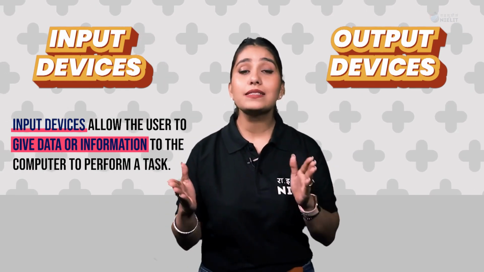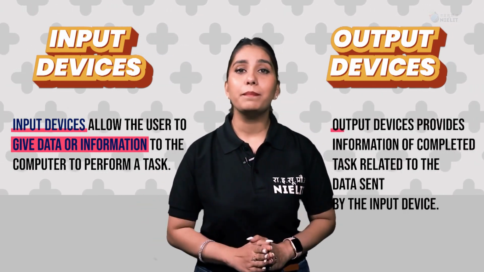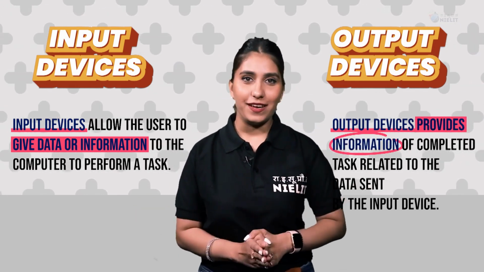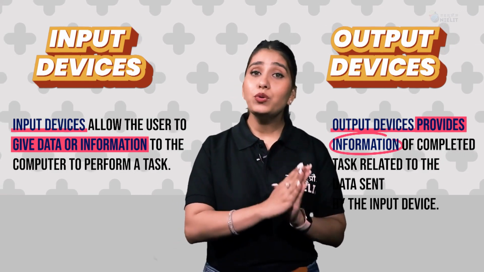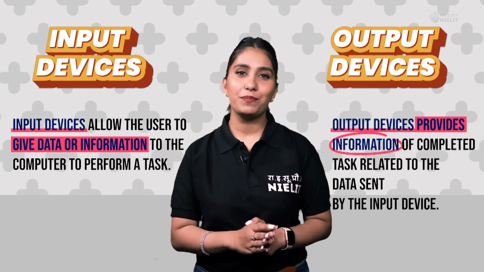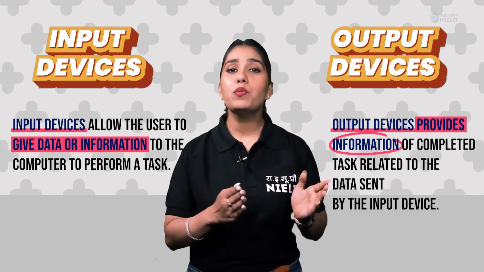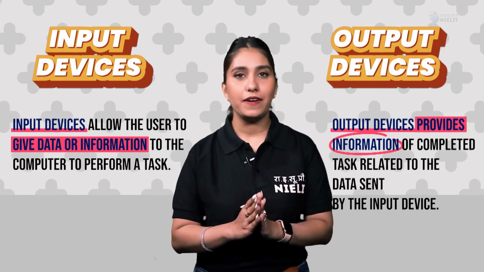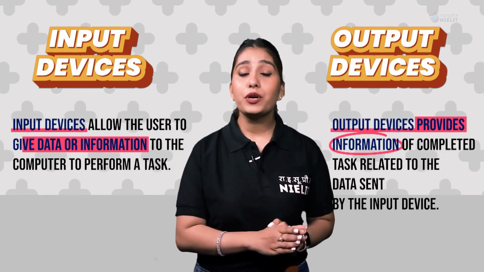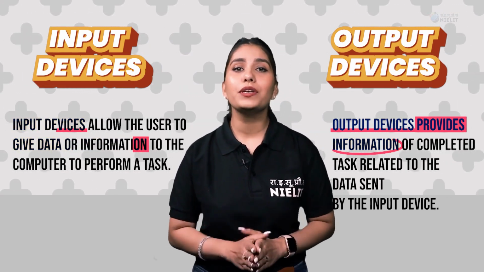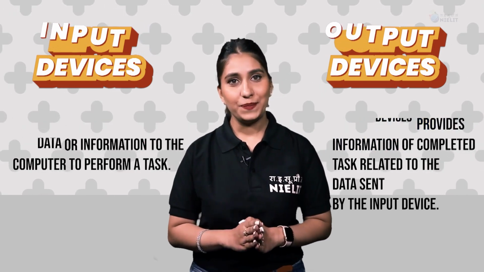Now, output devices provide information of the completed task related to the data sent by the input device. The computer receives the data from the input devices, executes the task accordingly, and provides output using the output devices, like printers, monitors, headphones, etc. These are some of the commonly known output devices.